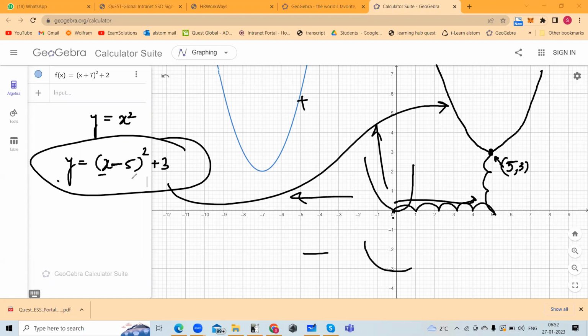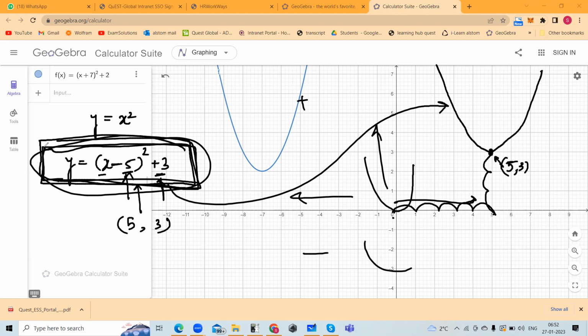So this equation directly gives you the coordinate of the vertex: 5 comma 3 is clearly seen inside this equation, isn't it? Yes. This type of equation is called the vertex form of a parabola, which gives you directly the coordinate of the vertex.